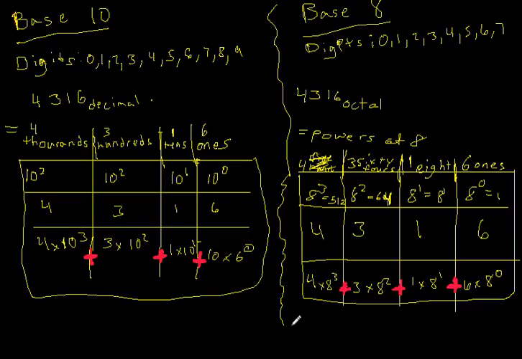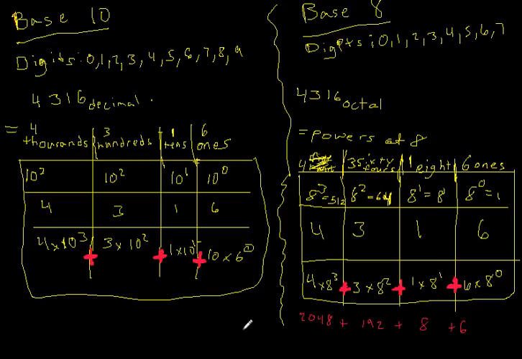And what you end up with is, because it's in base 8, it's not going to equal 4,316. It's going to be 2,048 plus 192 plus 8 plus 6.